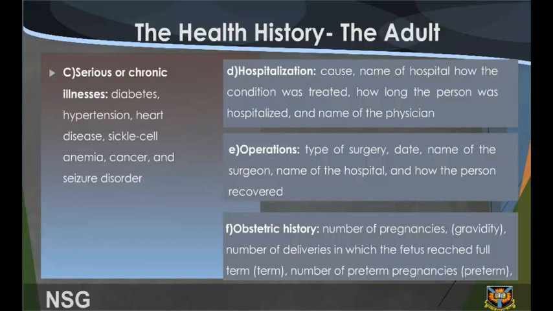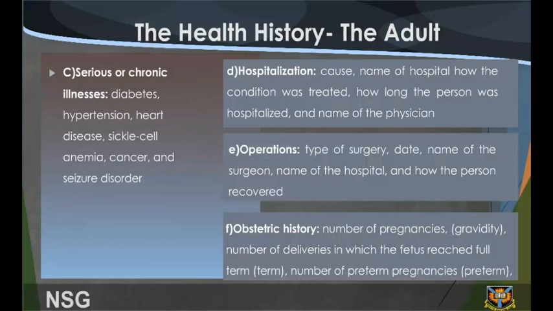Hospitalization. Cause, name of hospital, how the condition was treated, how long the person was hospitalized, and name of the physician. E. Operations. Type of surgery, date, name of the surgeon, name of the hospital, and how the person recovered.